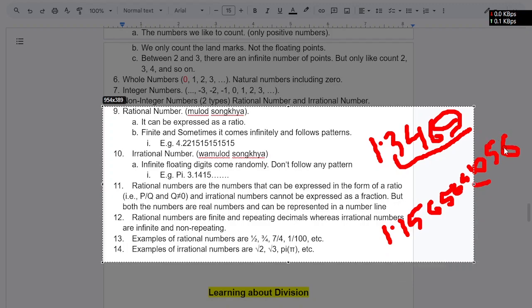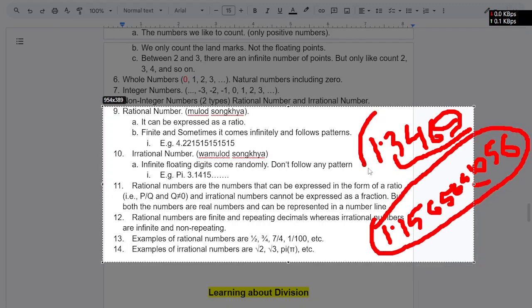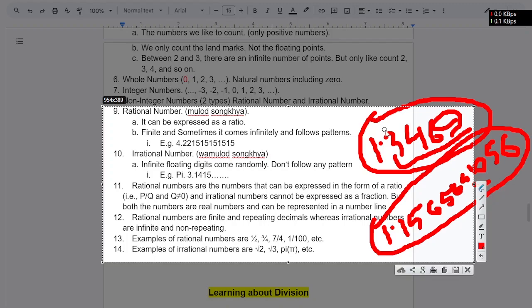If it follows a pattern, like 1.156565656, it will be a rational number. But if it does not follow any pattern, it will be an irrational number.